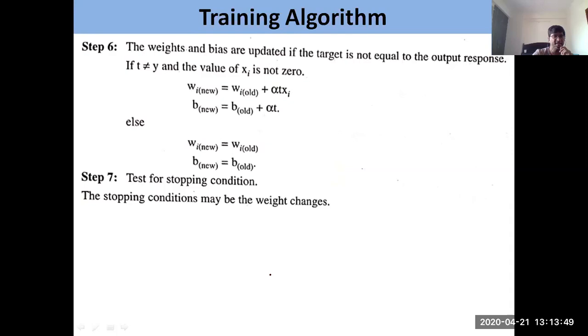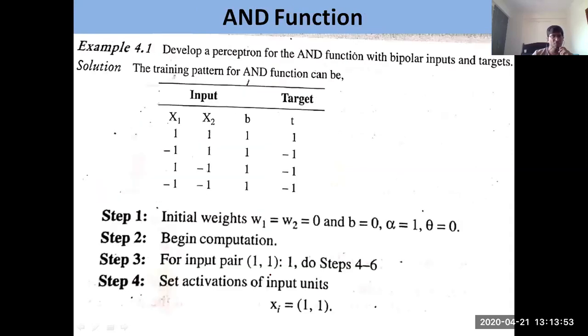In that case, we would say that convergence has been reached. So we'll take this example where the concept is that we want to make a perceptron model or network for realization of the AND function with two inputs. Here we will have bipolar inputs and targets. And the function is what?